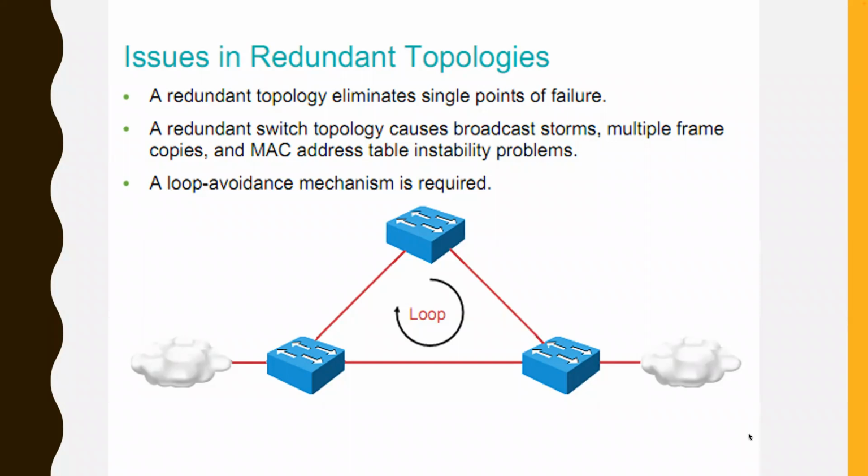IPv4 has a TTL field that prevents the loop. Usually, switches have a broadcasting mechanism, so they broadcast to all the ports in the switch. But in a router, we have to configure the routes, and then only the packets will travel through the network. That is the reason we don't need STP on the router side.